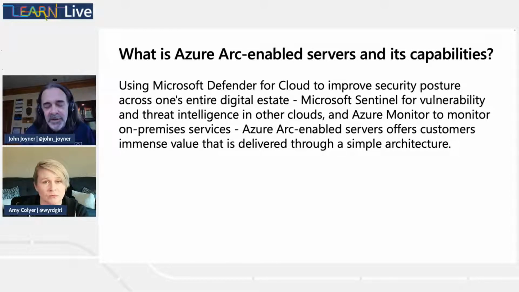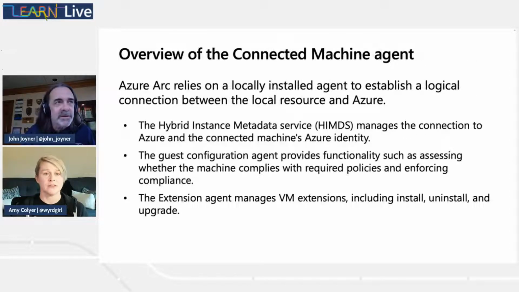So the thing that the Learn module goes into next is an overview of the connected machine agent, and this might be the first demo area. Can you go to the overview of connected machine agent? There we go. These 3 bulleted items on this slide correspond to 3 services and processes that exist on your Azure Arc servers.